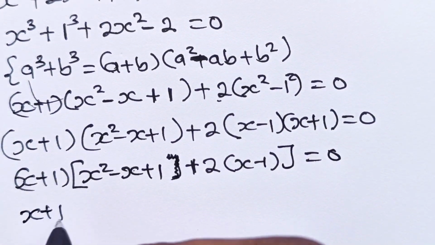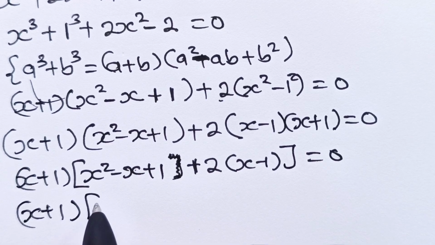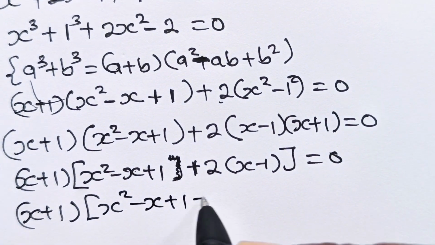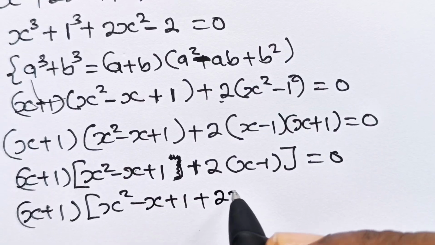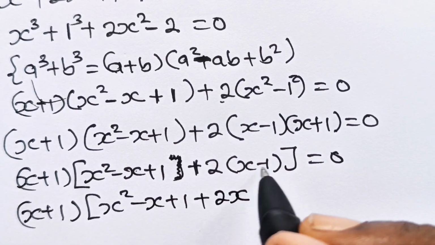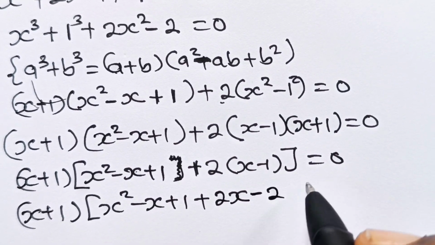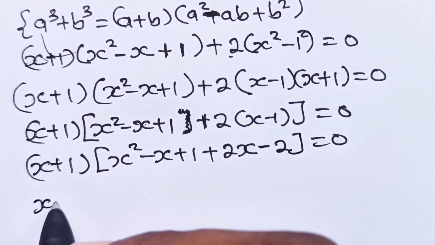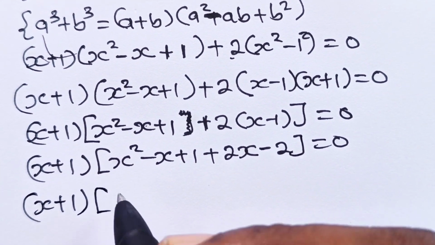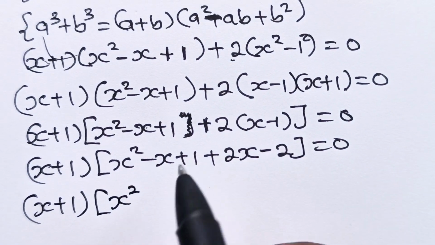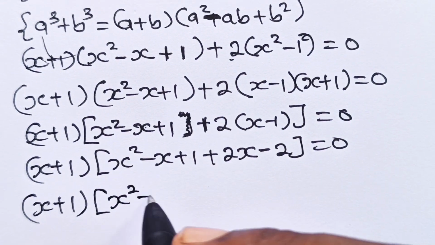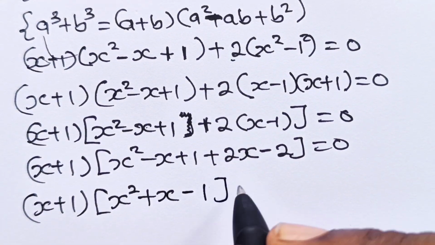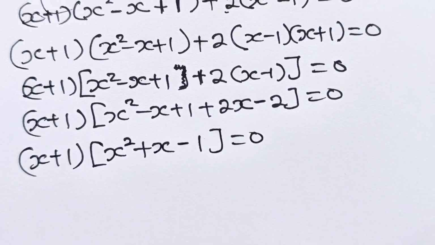So we have x plus 1 into x squared minus x plus 1 plus 2 times x is plus 2x, plus 2 times minus 1 is minus 2, is equal to 0. So we have x plus 1 into x squared minus x plus 2x is plus x, plus 1 minus 2 is minus 1, is equal to 0.